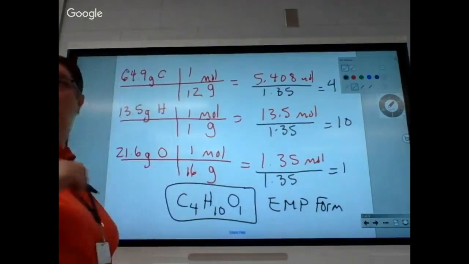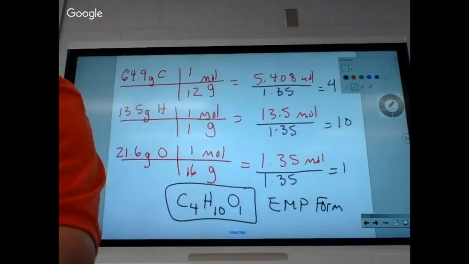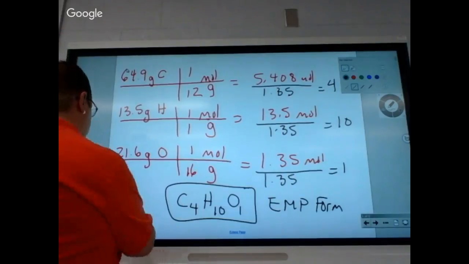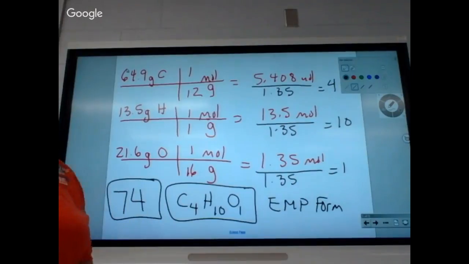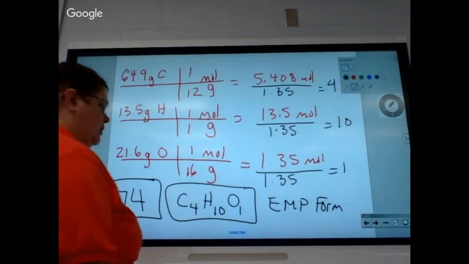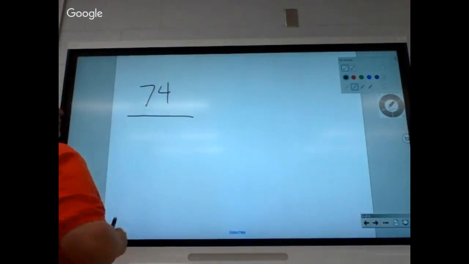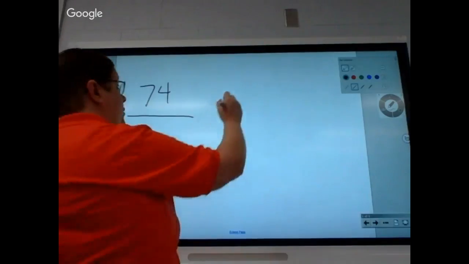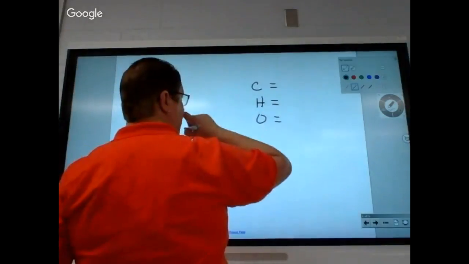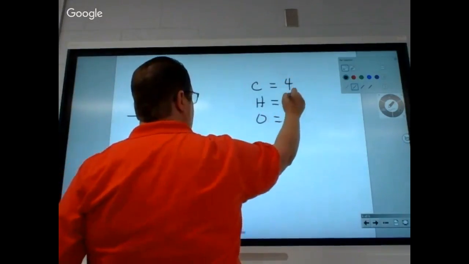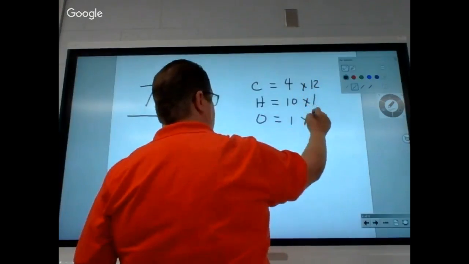Now I have to find the molecular formula. They gave me a mass of 74, and that's my empirical formula. So I'm going to take the mass they gave me, which is 74, and divide by what we add up. How many C's, how many H's, how many O's? Times 12, times 1, times 16.